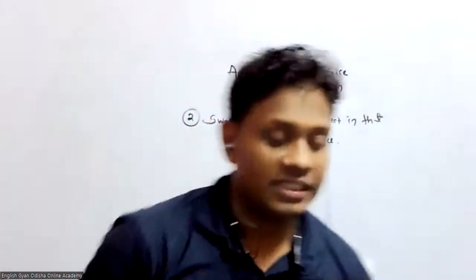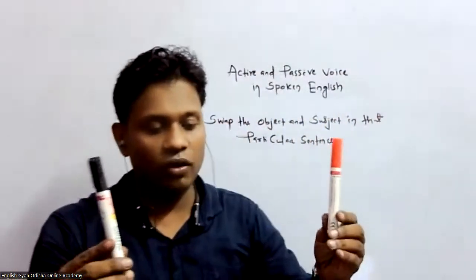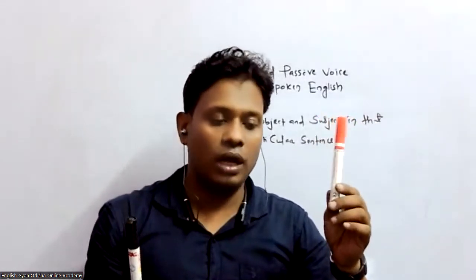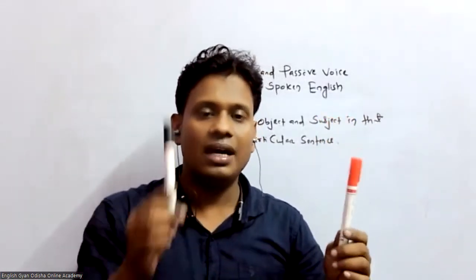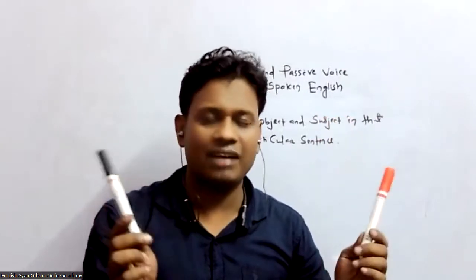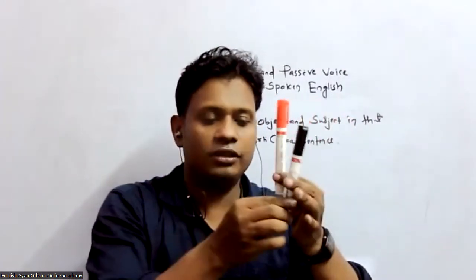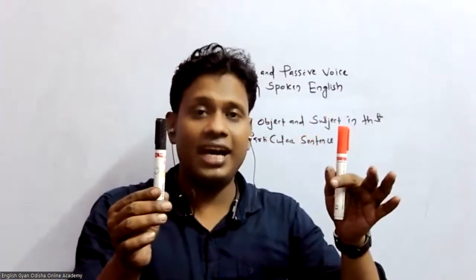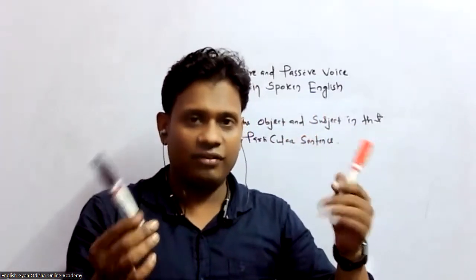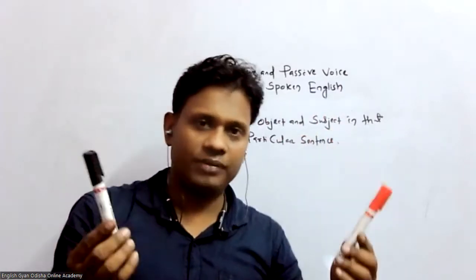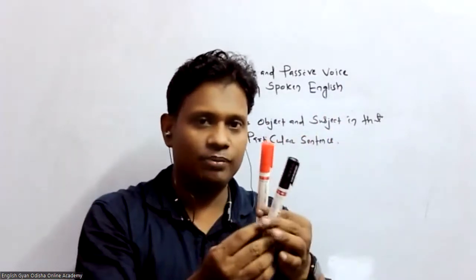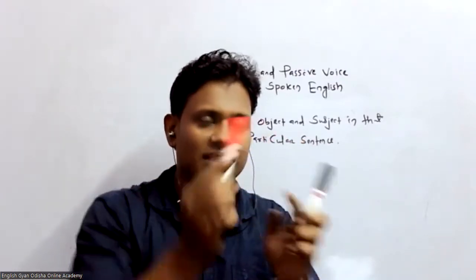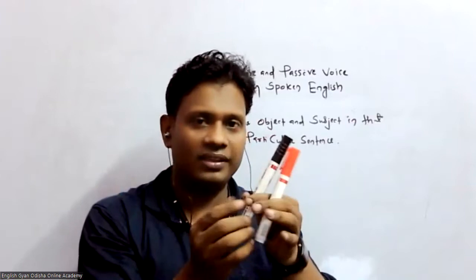Just check it out, my friends. This is a red marker, and this is a blue-black marker. So I'm swapping them. This is called swapping. You can understand from the action that they are swapping their positions. This one is taking that one's position and that one is taking this one's position. This is called swapping.